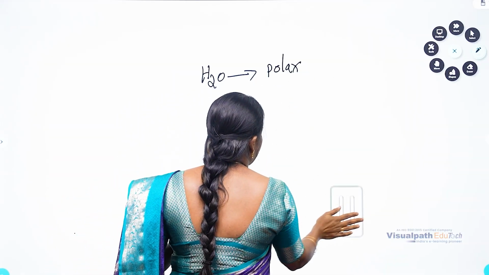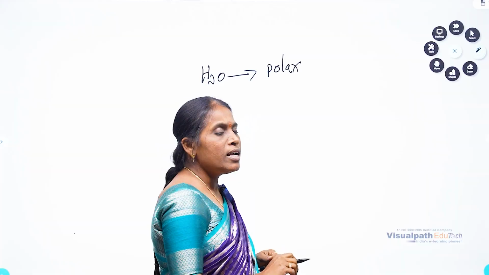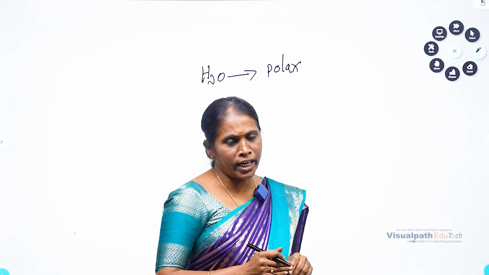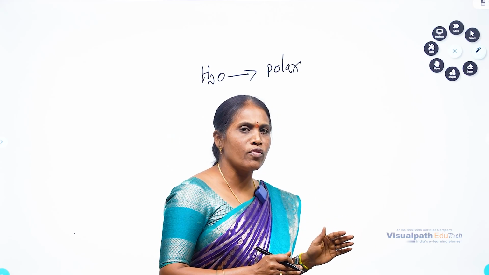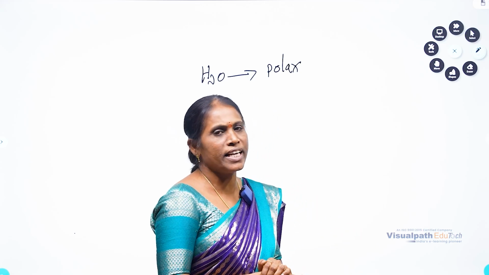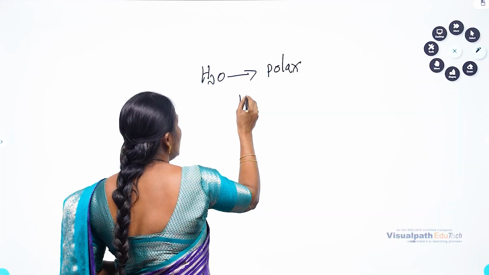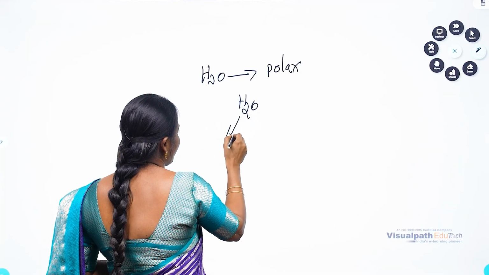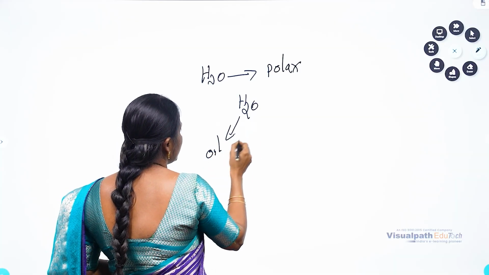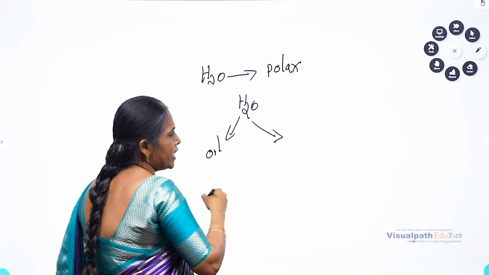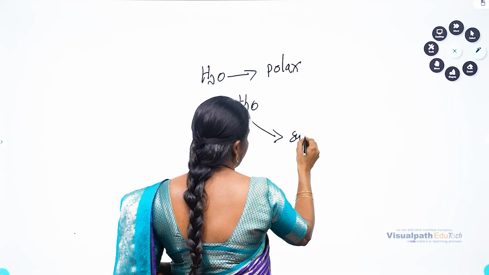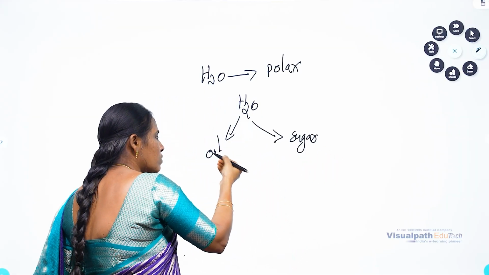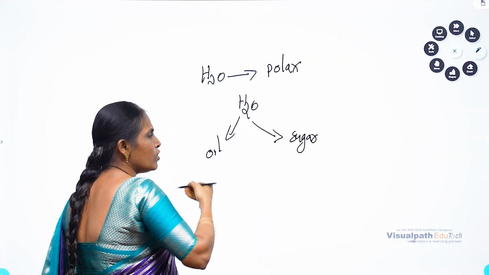And here we see one more thing: generally, polar compounds dissolve in polar solvents only. Non-polar compounds dissolve in non-polar solvents. For example, we take water. Already we know water is polar in nature. In this water we add oil, and in another we add sugar. Here you observe that the oil does not dissolve in water.